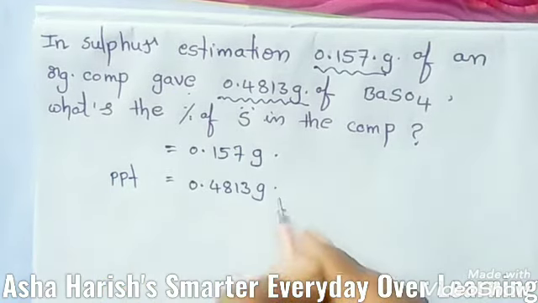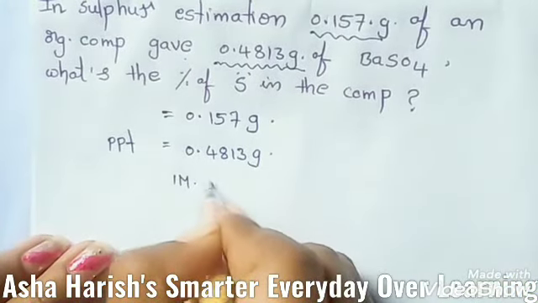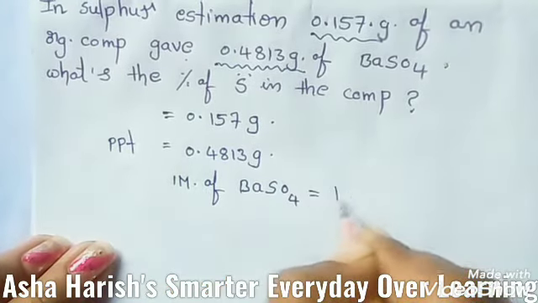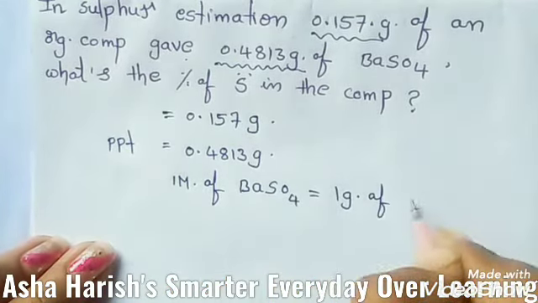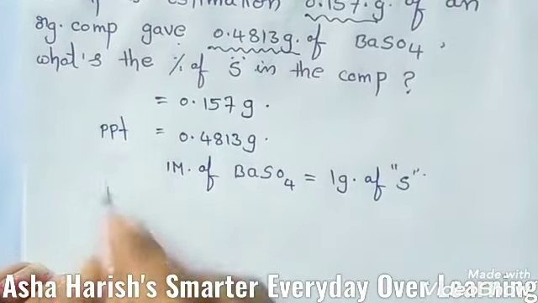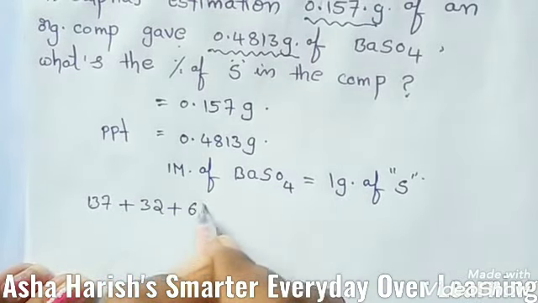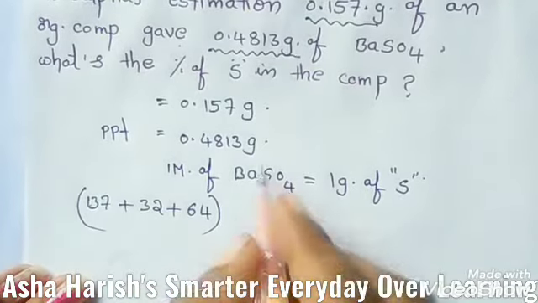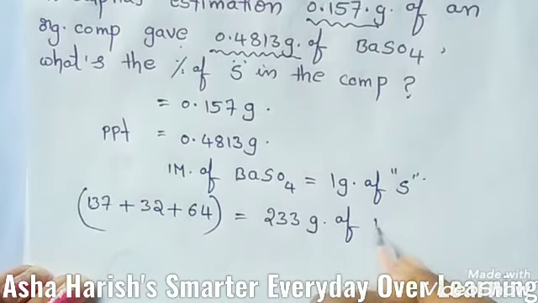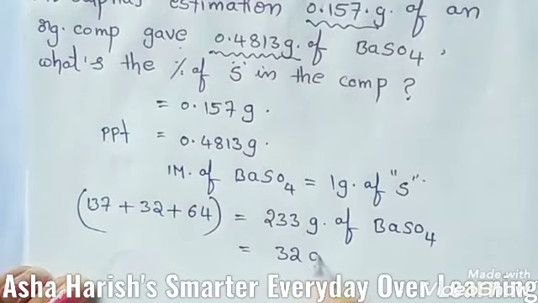Now, what we finalized is that 1 mole of barium sulfate is equal to 1 gram atom of sulfur, or 137 plus 32 plus 64, this is from barium sulfate, which is equal to 233 grams of barium sulfate equal to 32 grams of sulfur.